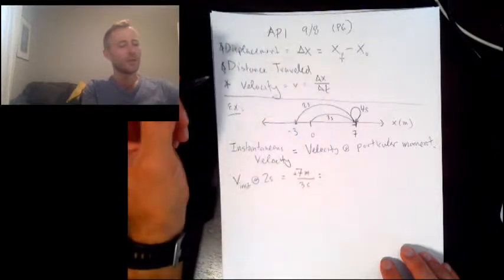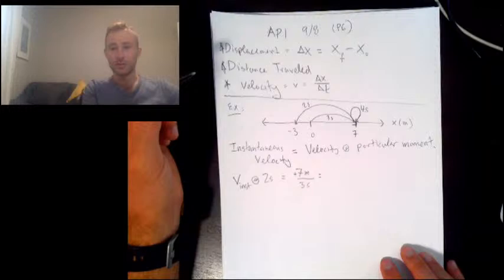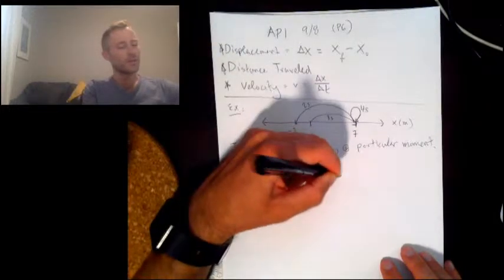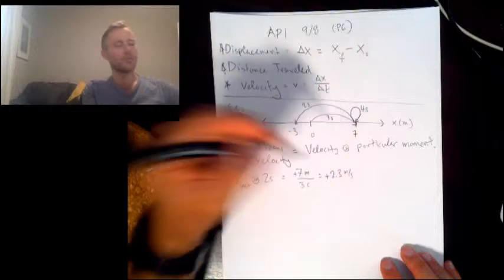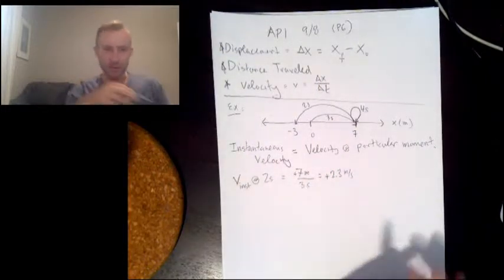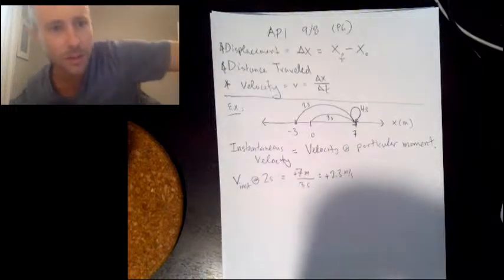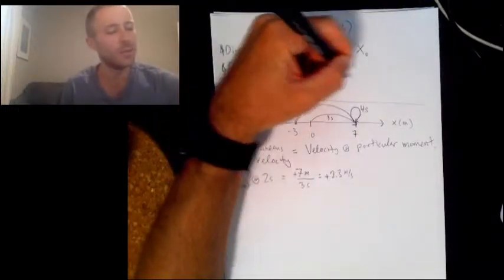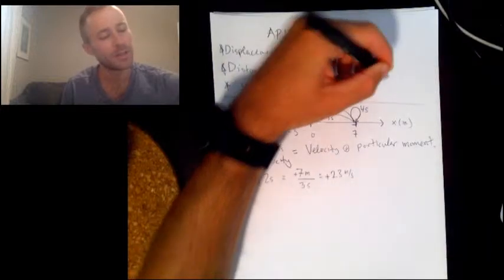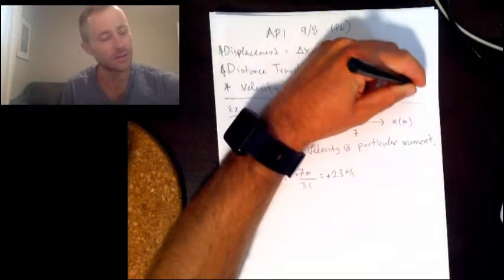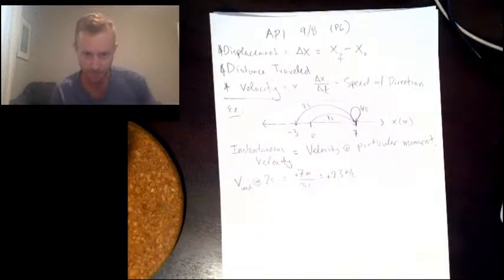Okay, and so that means that my instantaneous velocity 2 seconds into the journey was 2.3 meters per second, plus 2.3. The reason I'm going to put a plus on there is because velocity is speed with direction. So I want to emphasize that there is a direction to that, so I'm going to put a plus there.